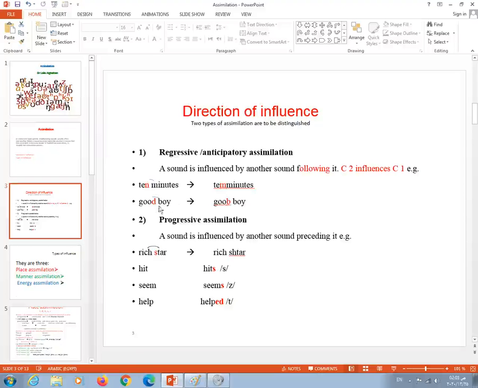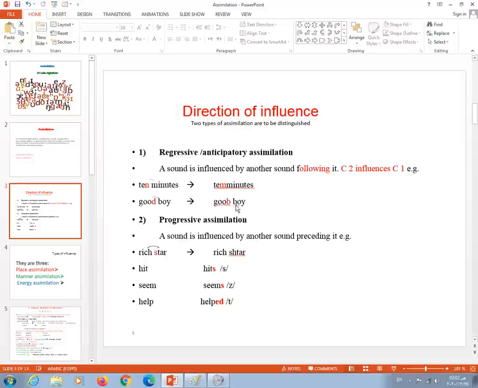Let's look at another example. Good boy. Okay, we have here d, which is consonant number 1, and b, which is consonant number 2. We find that it turns into gub boy. What happens is that d changed into b due to the influence of the following b.